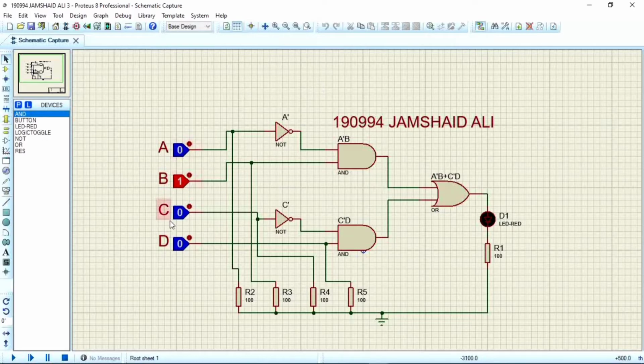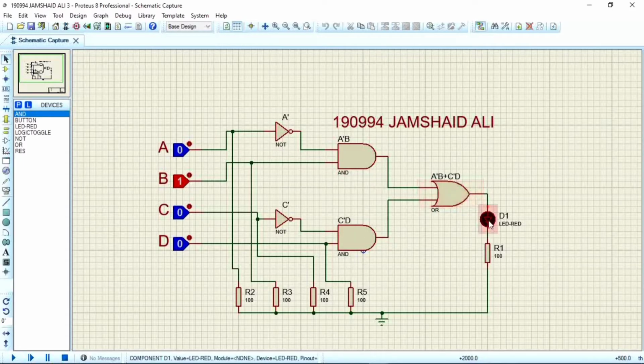First of all we have four inputs A, B, C and D, and then three gates: two AND gates and one OR gate. The first AND gate has inputs NOT of A and B, and the second AND gate has inputs NOT of C and D, and the outputs of both AND gates are connected with the help of an OR gate, which represents the sum of both outputs.